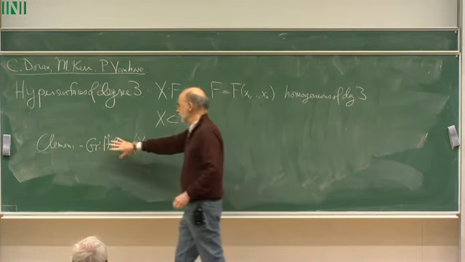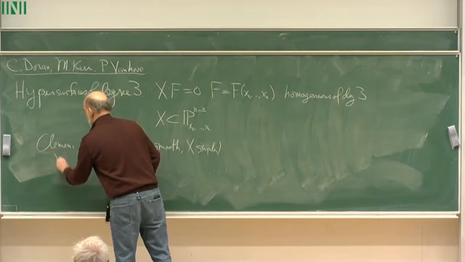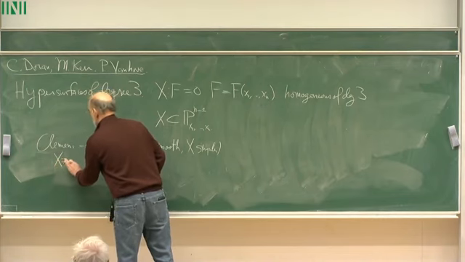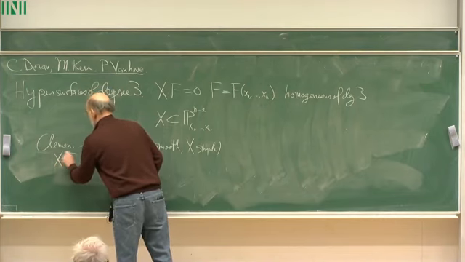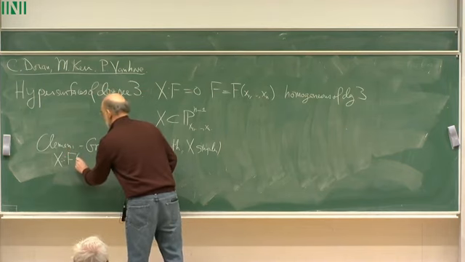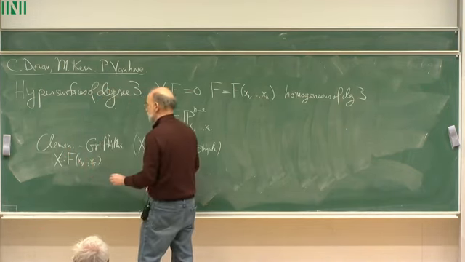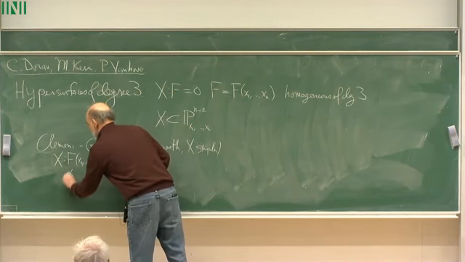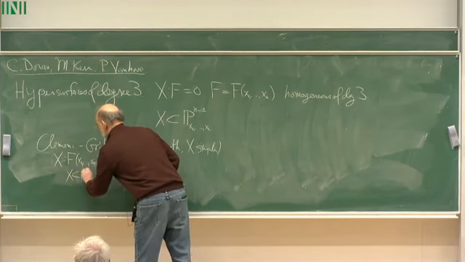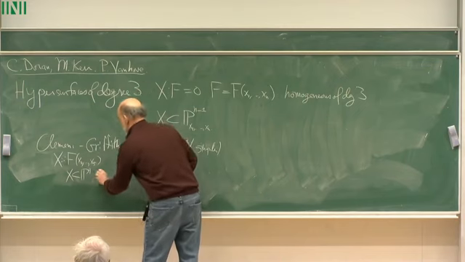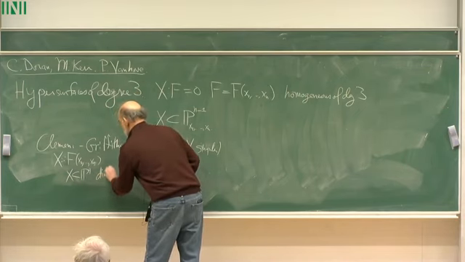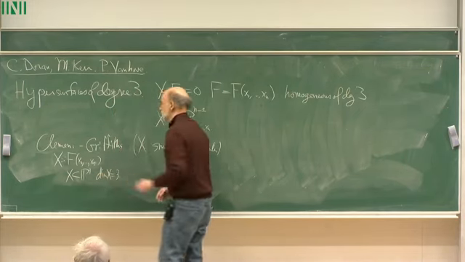And in their work, they focus on the case where X is defined by f of, I guess, x1 up to x5. So that meant it was a hypersurface in P4, and the dimension of X was 3. Right?